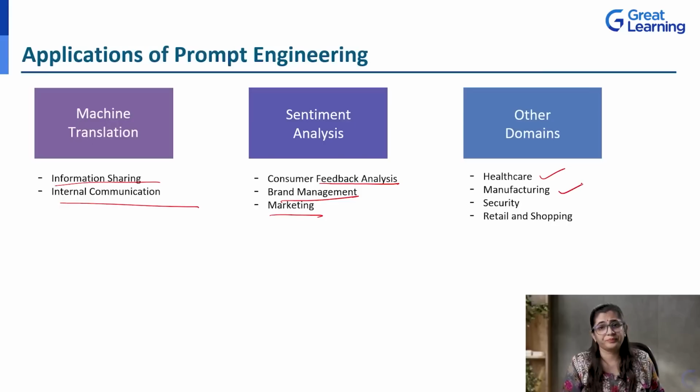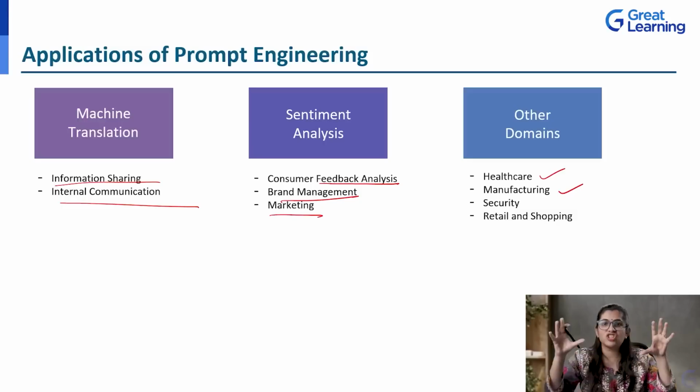Manufacturing. In manufacturing, if you want to supply to your manufacturing units and your suppliers, you create an LLM, a generative model where your users, your employees can ask, if I'm manufacturing this, if I have to transport it here, what to do, what not to do, everything.